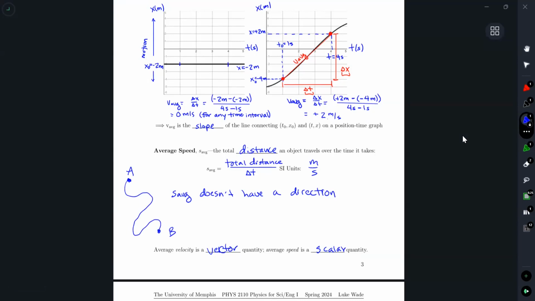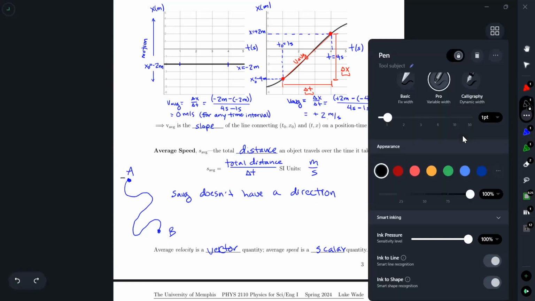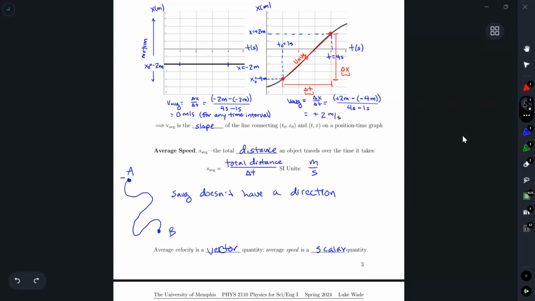Maybe that road is 300 miles. You're just all on highway for a very long time. So the distance, if we measure along that road, is 300 miles.